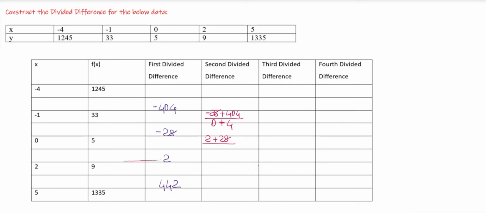So here it will be 2 minus minus 28, and the denominator will be the difference of these two values, that is 2 minus minus 1. Like this you will see the cross values. So it will be 2 plus 1. Then we have 442 minus 2. Again you will see the cross values. In cross of 442 we have 5, and in cross of 2 we have 0.